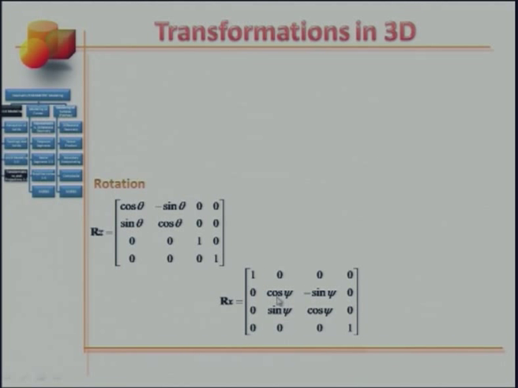So my cosine term will be in the second row and second column, and minus sine psi, this term will be in the second row and third column. And then for the rest, I'll have sine psi and cosine psi. All the other entries will be 0 except for this 4th by 4th entry, which is 1.